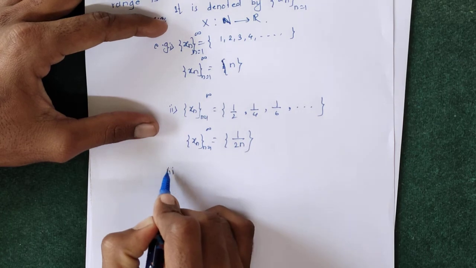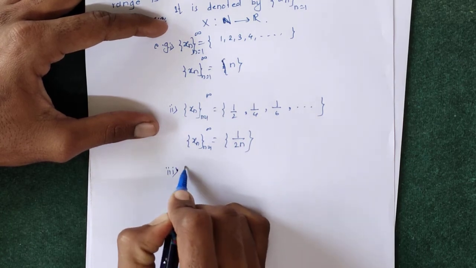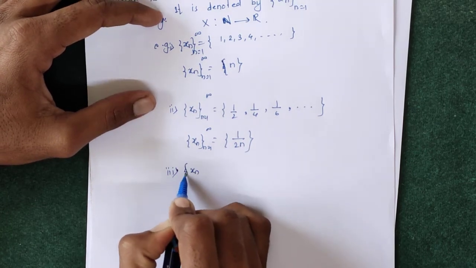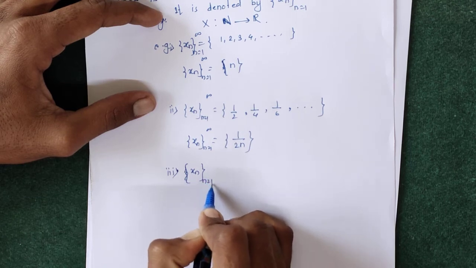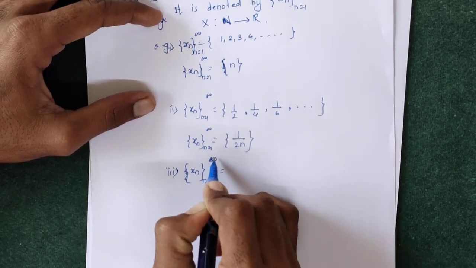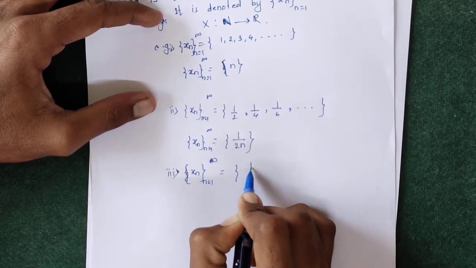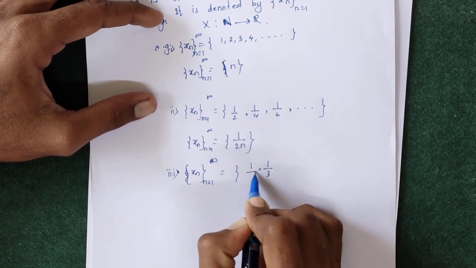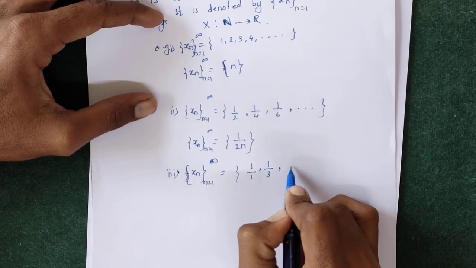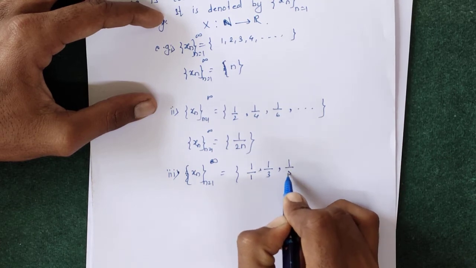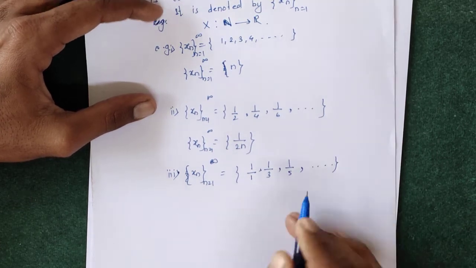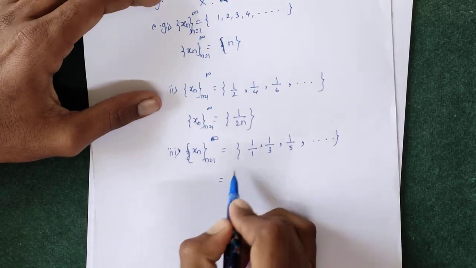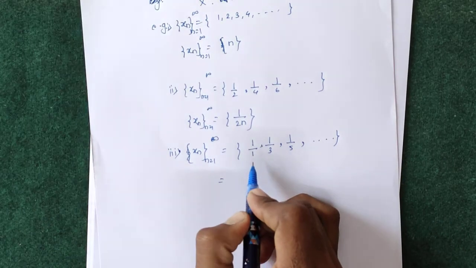If we write a third set, suppose xn running from 1 to infinity, as 1, 1 by 3, 1 by 5 and all other numbers, suppose this is the set of reciprocals of all odd numbers.